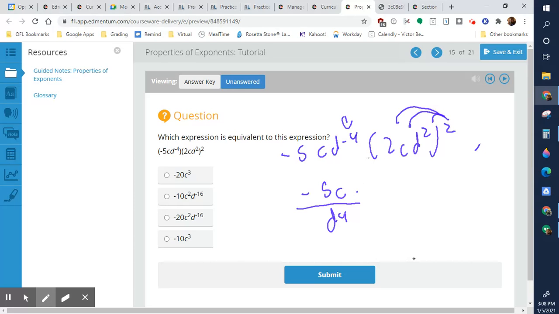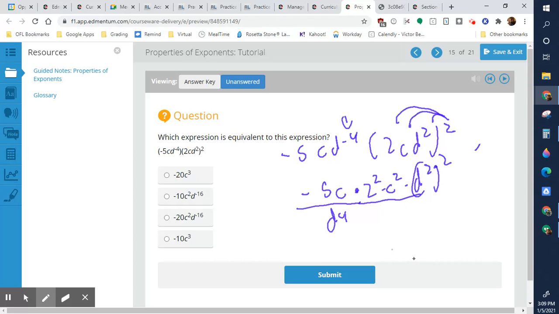Times, and what's important is when you're multiplying, it just goes on the top: 2 squared, c squared, d to the second. So that one we're not quite done yet. We kind of have to do some math with it.